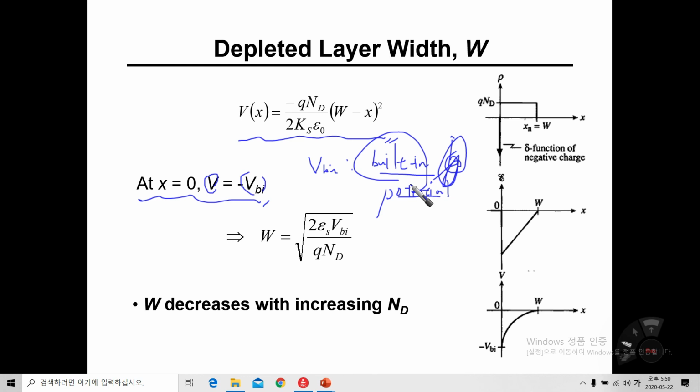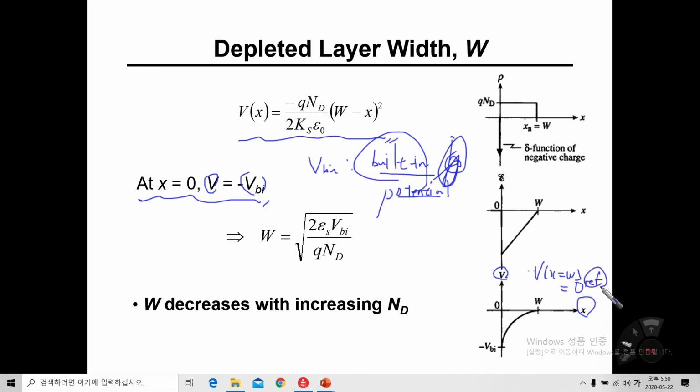Okay, so we can draw the potential plot V versus x across the MS contact. We should define that when x is W, at the edge of the depletion layer, the potential is 0. That is the reference value.